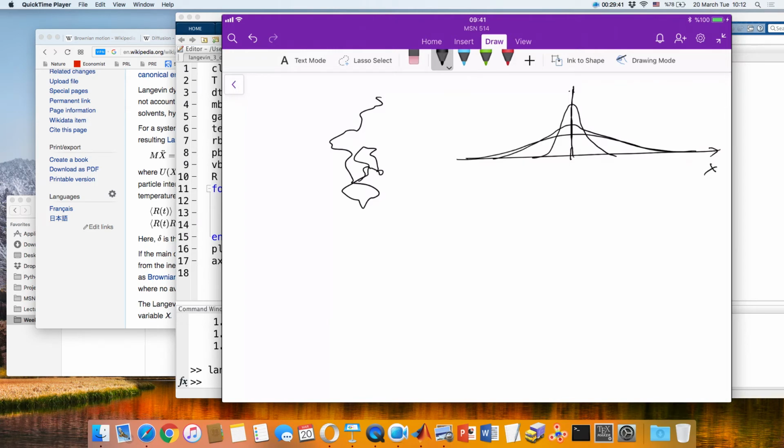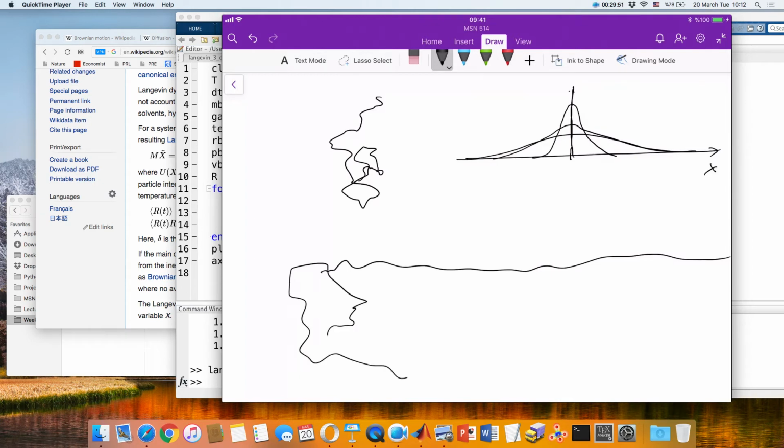So for a singular particle, maybe some of them will go directly like this, although it's very improbable. But usually they will wander around, and if you sum all these possible wanderings, then you will get some probability distribution with respect to time.